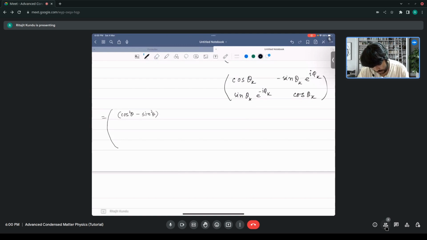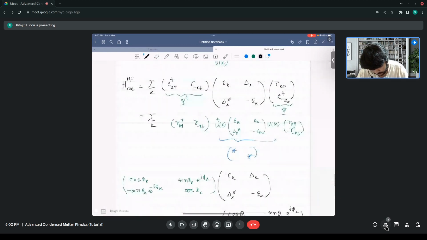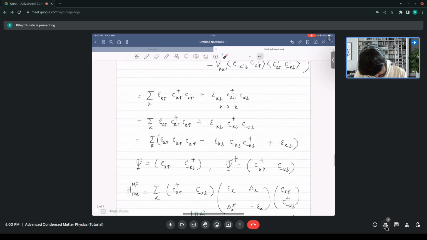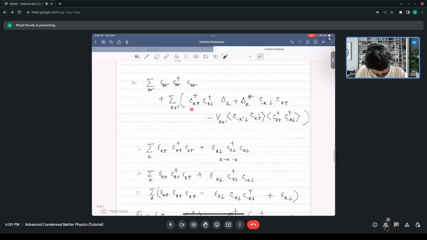One important point I forgot to make: because of mean field, I now have this kind of terms, right? What happens if you act this on a vacuum?